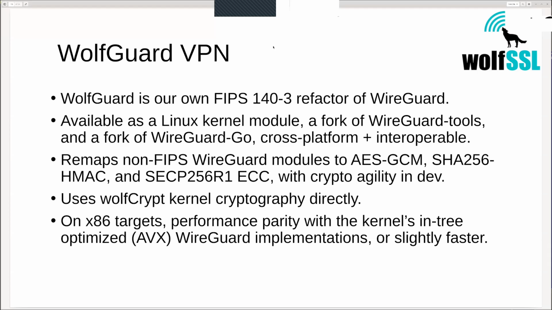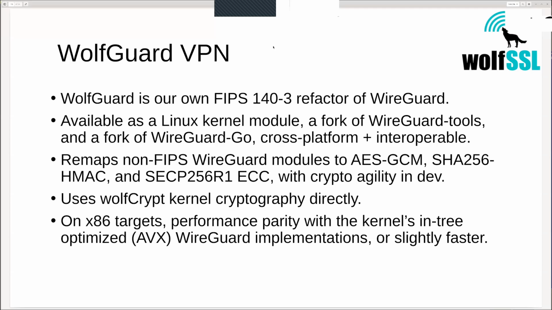And in our experience, the performance that you'll see is WireGuard and kernel network linked list limited, but you'll see north of 2 gigabits per second per core on WolfGuard with the quantum resistant algorithms in place.